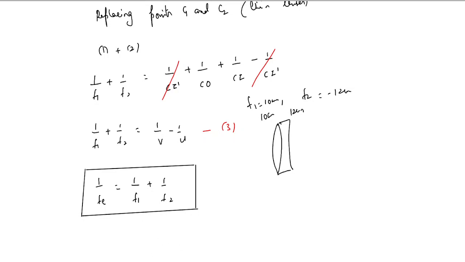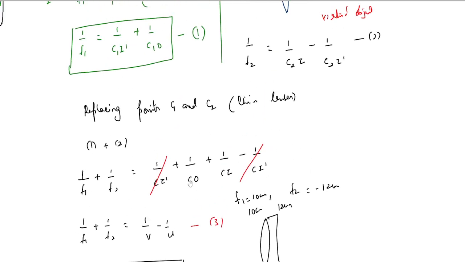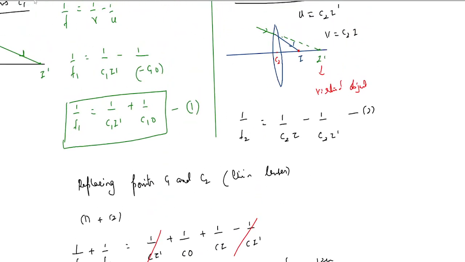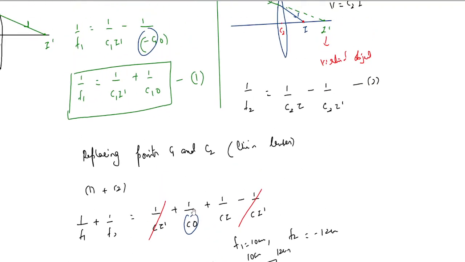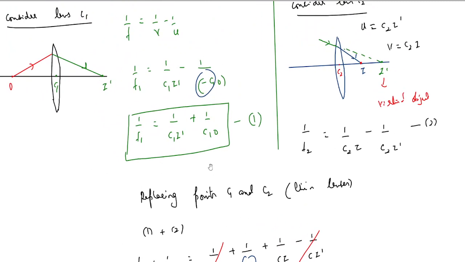Now one question which comes to mind is, why do we need to use so many sign conventions? We are already using the sign convention once here, and once more here because we took CO as minus U. That is because if we don't use sign convention earlier, we may get different equations for different positions of the object. So whether it is in this case, or in case of lens equations or lens maker's formula, we use sign convention twice, so that we remove the effect of this convention.